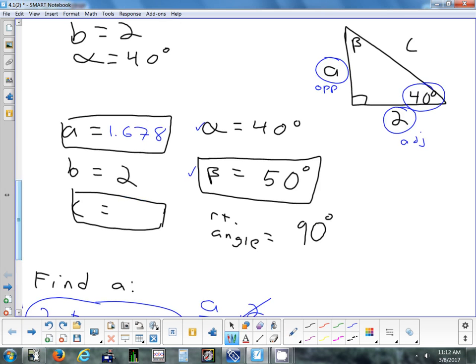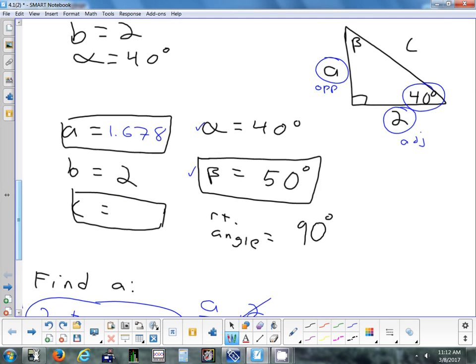Okay, so now we've got A, we've got B. Last thing I need to do is find C. What could I do to find C now, since I have 2 sides in a right triangle? Yep, I could do the Pythagorean theorem. But do you think that's a good idea or not really?